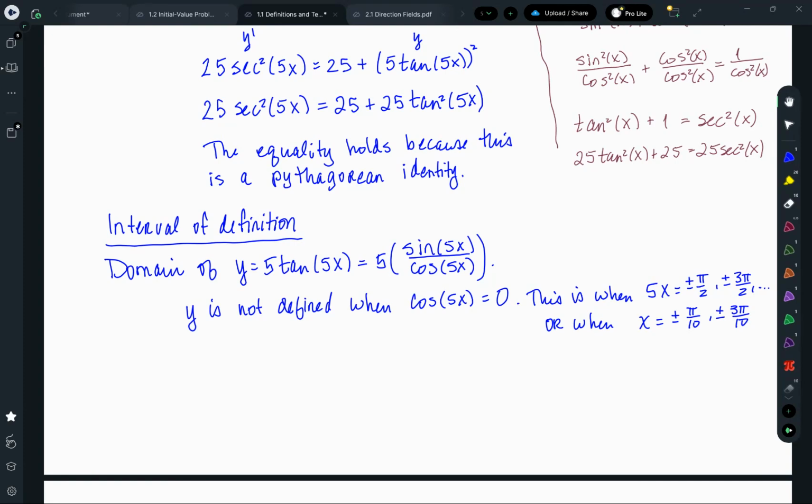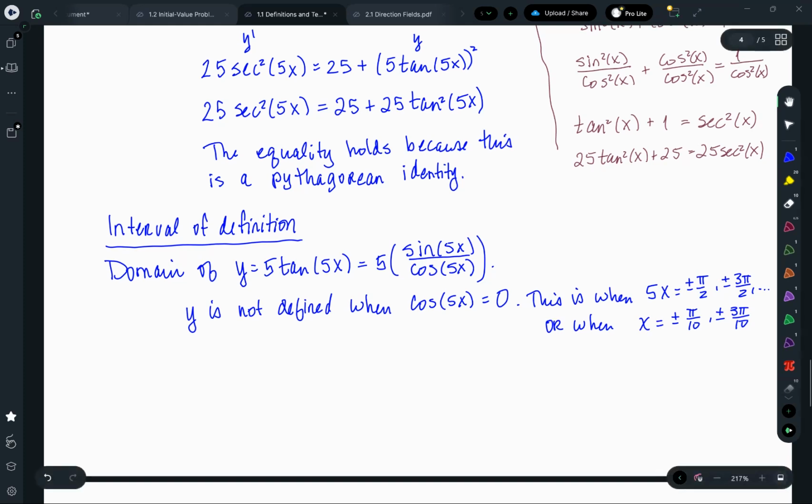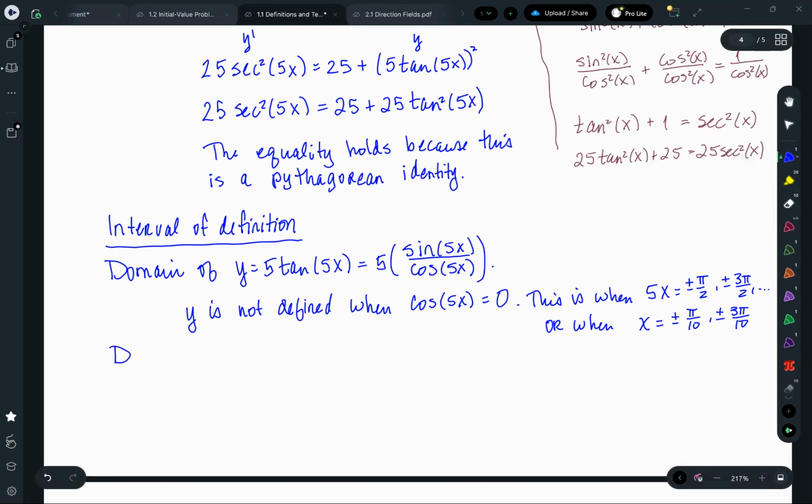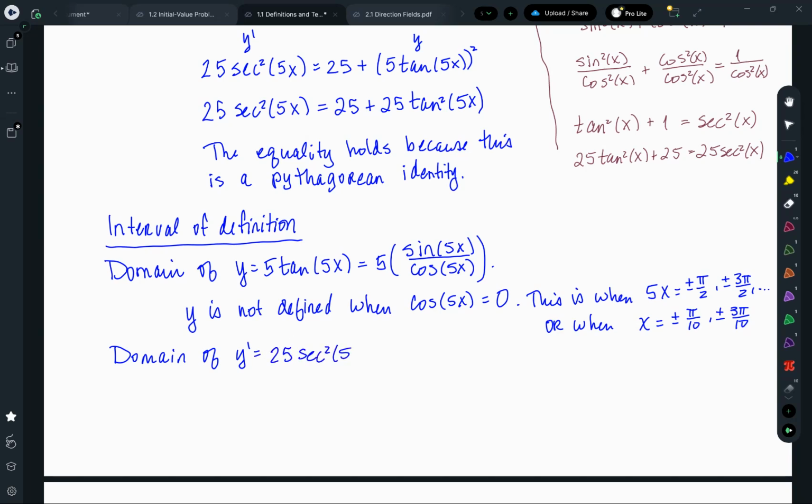But I'm not quite done because I also need to look at the domain of y prime, which is 25 secant squared of 5x. Remember that secant squared is 1 over cosine squared. So this is just 25 over cosine squared of 5x.